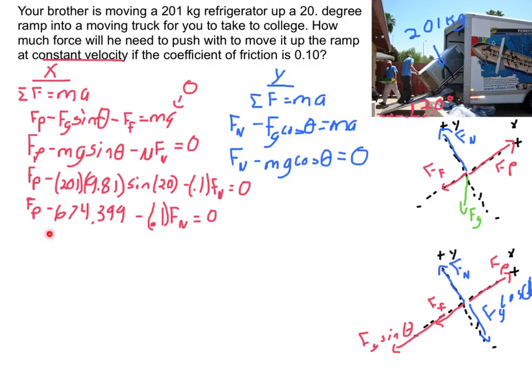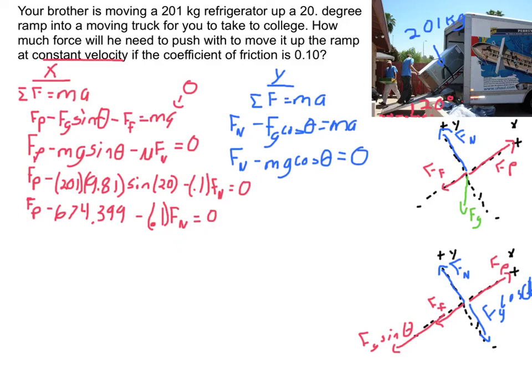When you do all of that, you get 674.398, and so on. Mu was 0.1, and so I'm left with force of push minus that term, minus the force of friction, mu times normal force, equals 0, and I go, oh, if I knew the normal force, I could solve for Fp, so I need to get normal force.